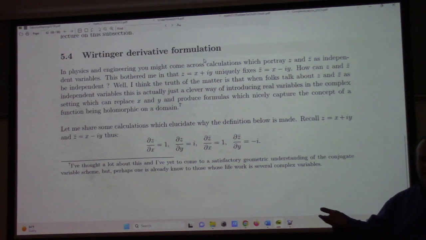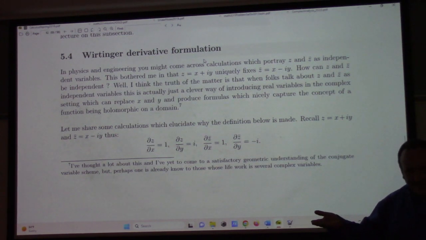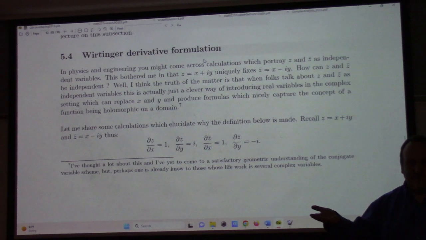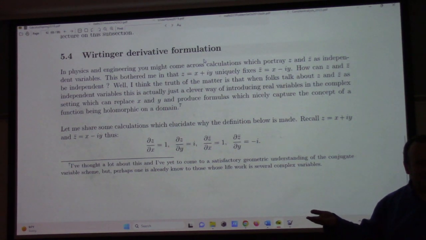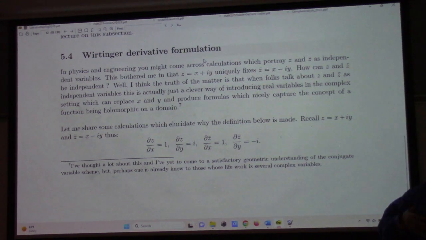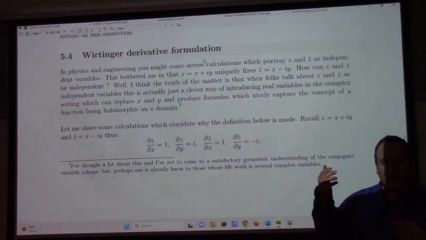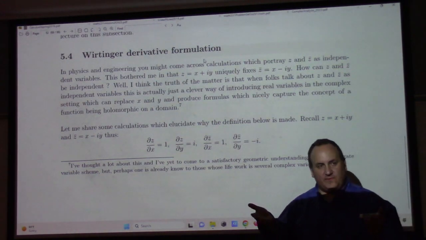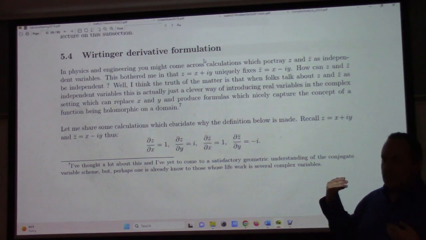Are z and z bar independent variables? Well, if you tell me z is 3 plus 2i, I know that z bar is 3 minus 2i. That doesn't seem independent to me, does it? And yet, there is a meaningful way in which we can talk about z and z bar as independent variables. That's what this section's about.